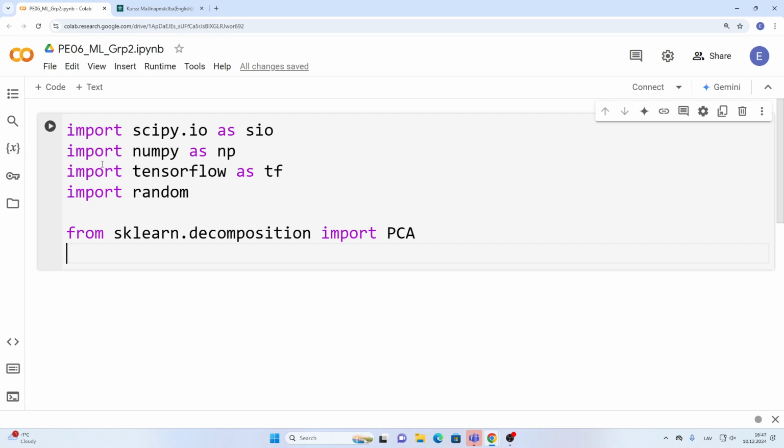And also we are going to split the data set into training and testing parts. So that's also sklearn.model_selection import train_test_split.